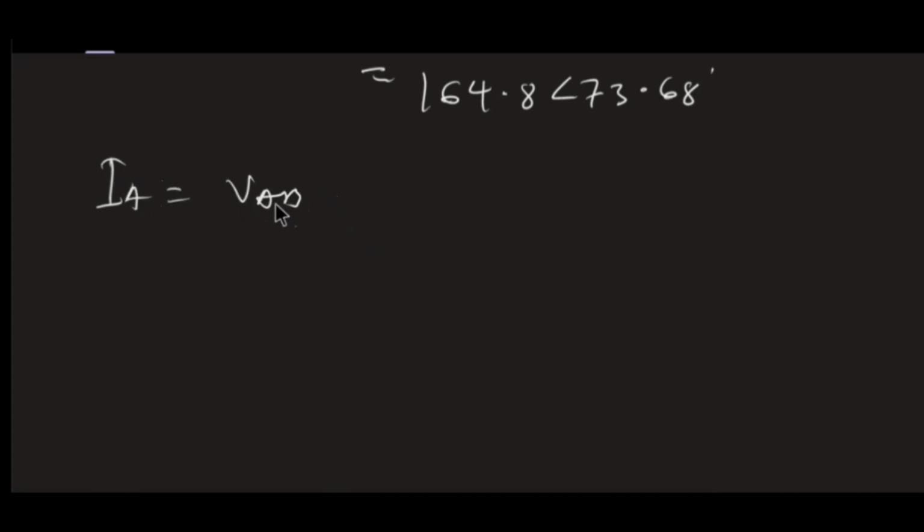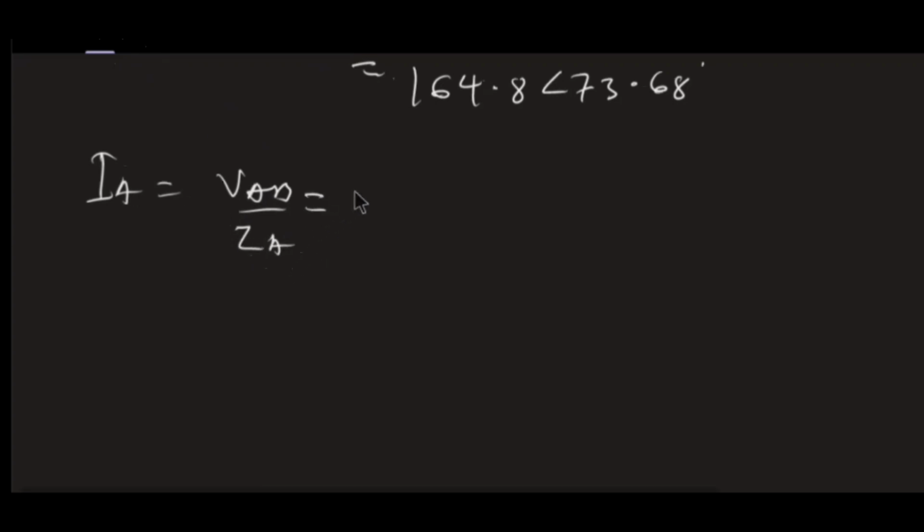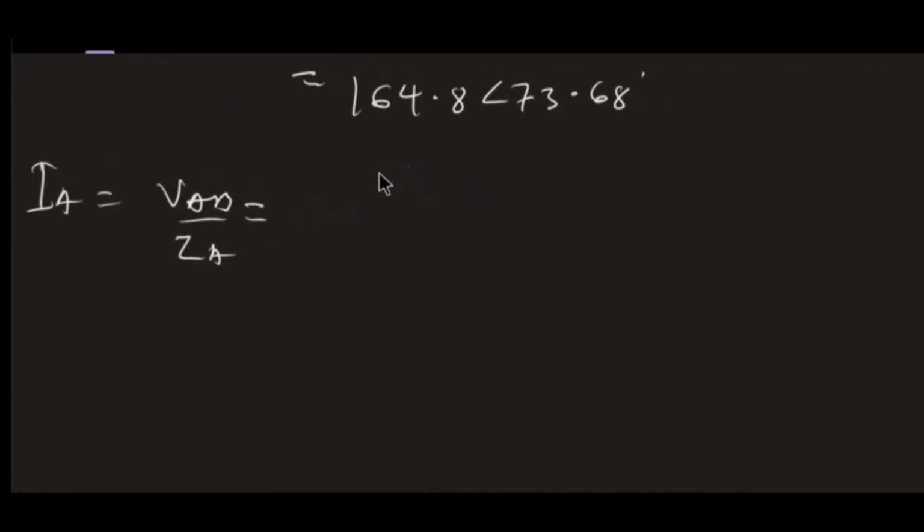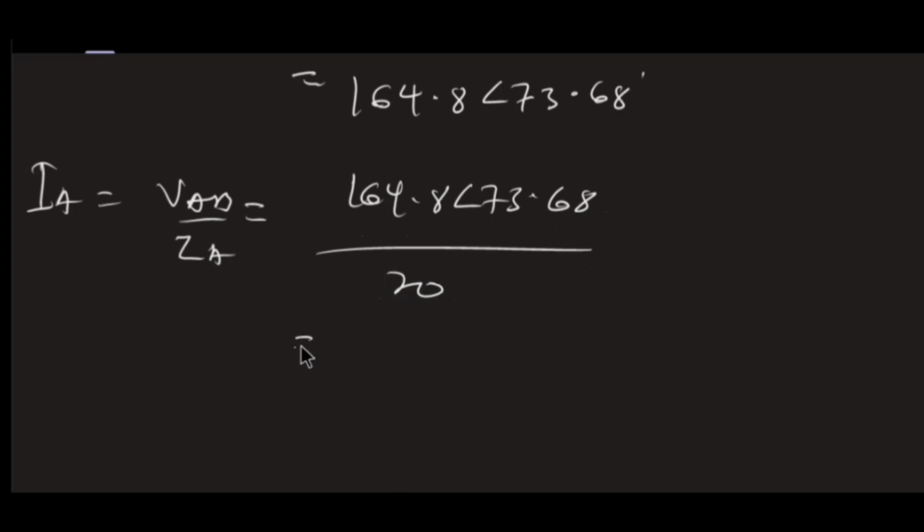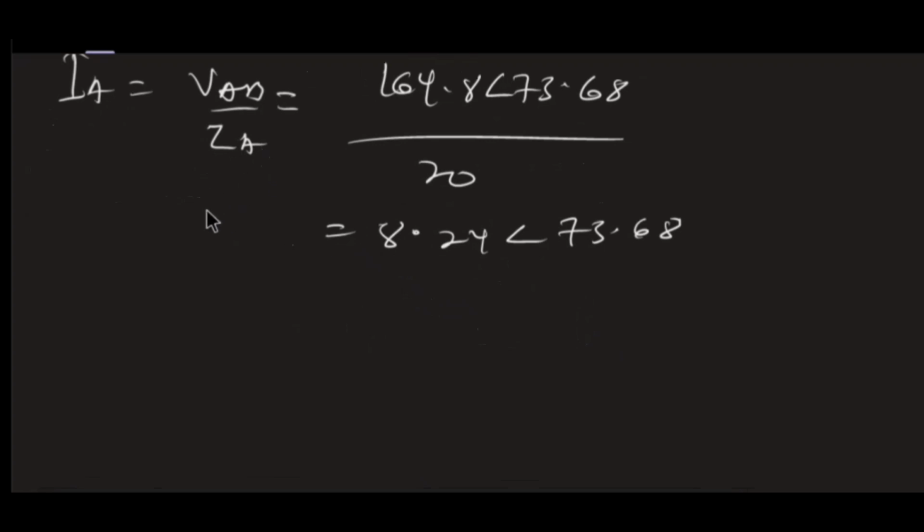So my IA, the current in the branch A, is equal to the voltage across AB over the impedance across A. So this is equal to 164.8 angle 73.68 all over 20. That is giving me 8.24 angle 73.68. This is the current across A.